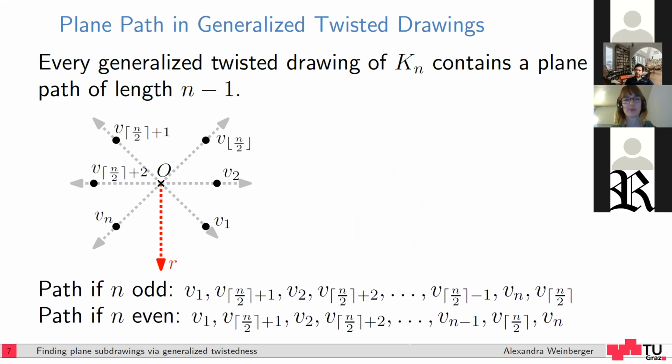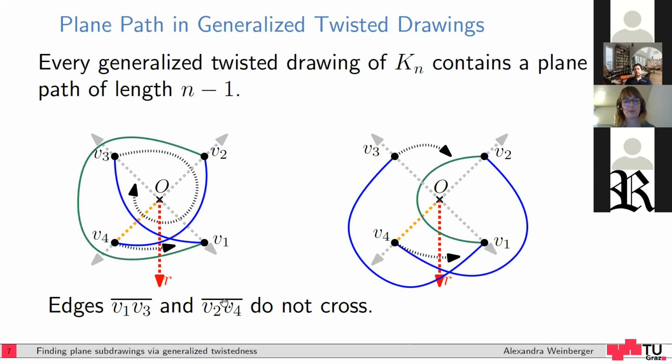Now we use this for drawings of the complete graph on n vertices to find our plane Hamiltonian path. The path we pick is that we go from V1 to V(n/2+1) to V2 to V(n/2+2) and so on. Then what we get is a set of edges where pairwise either two edges are incident to the same vertex, so they can't cross because it's a simple drawing, or two edges are of the same form as V1V3 and V2V4 were before.